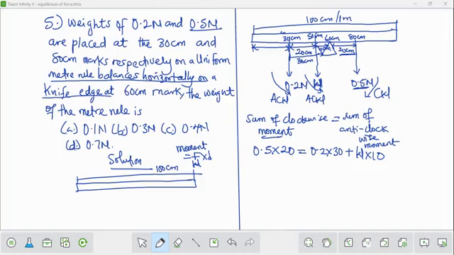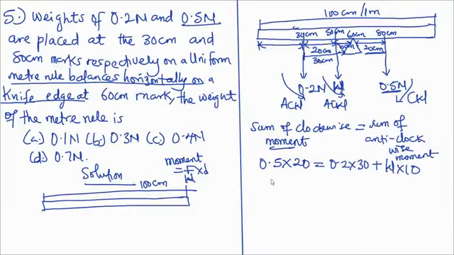So let's continue. Now 0.5 times 20 is 10. 0.2 times 30 is, I think, 2 over 10 times 30, plus 10W. So this will be 10 equals 6 plus 10W.